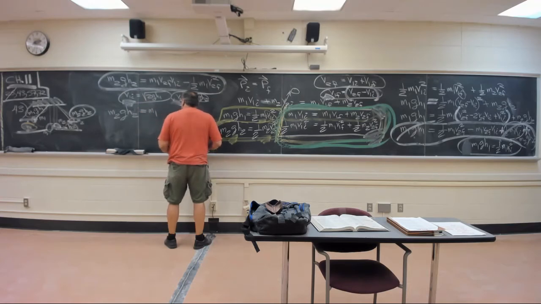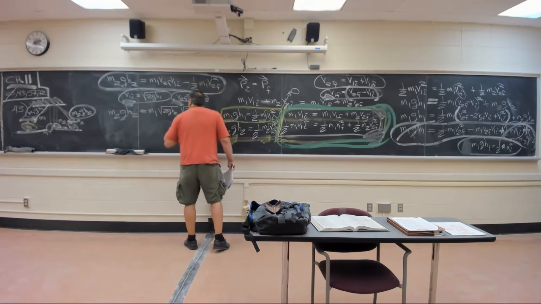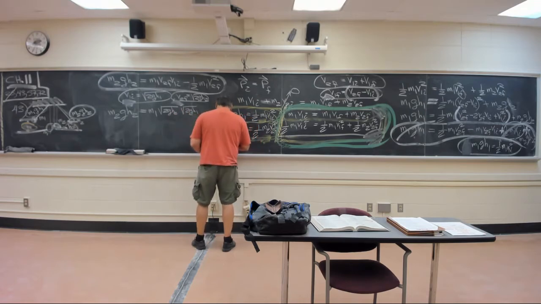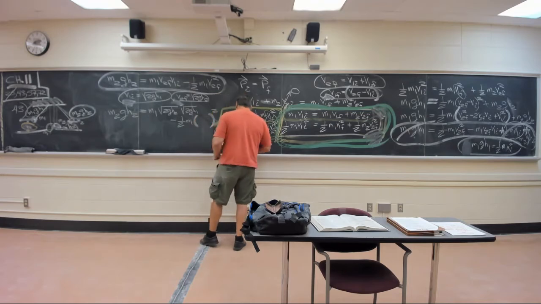When you multiply two square roots together, we got M1. We've got V2F, which is the square root of 2GH2, and the other one is the square root of 2GH1, so V1I is the square root of 2GH1, minus 1/2 M1 times V2F squared.